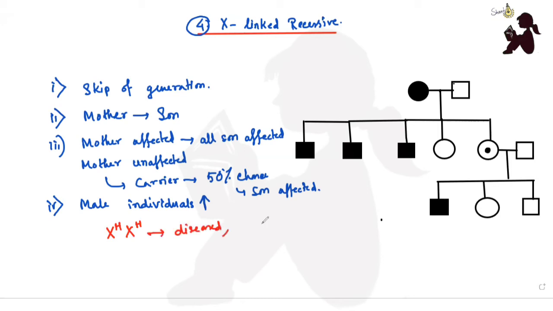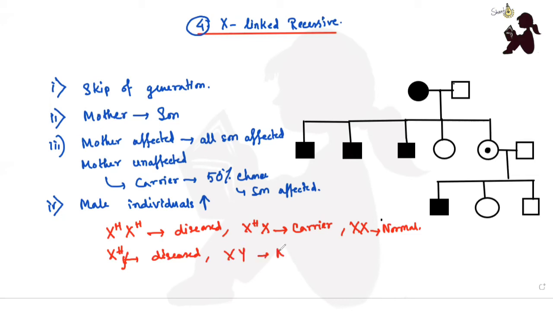The XHX will be a carrier, but normal. And the normal XX will be normal for the female individual. For the male individual, XHY will be diseased and the normal XY will be in normal condition. So this one is for the female and this one is for the male.